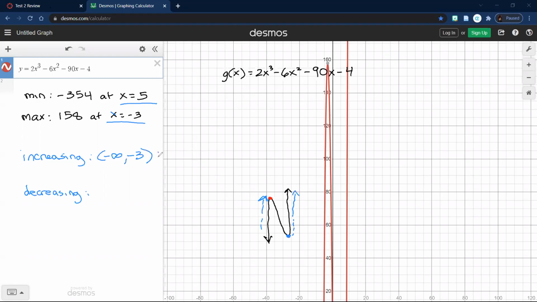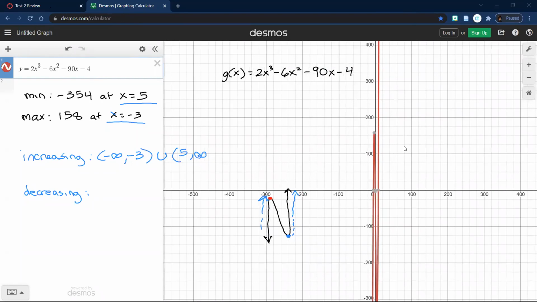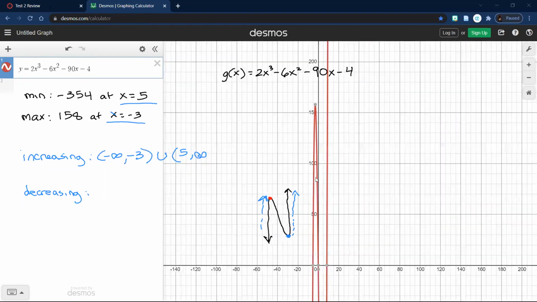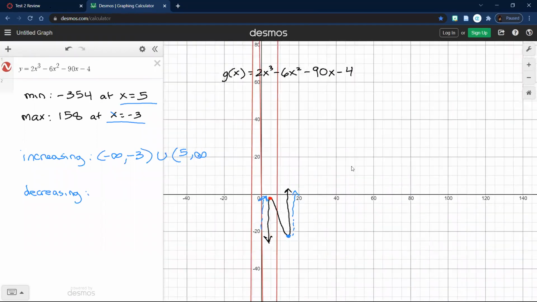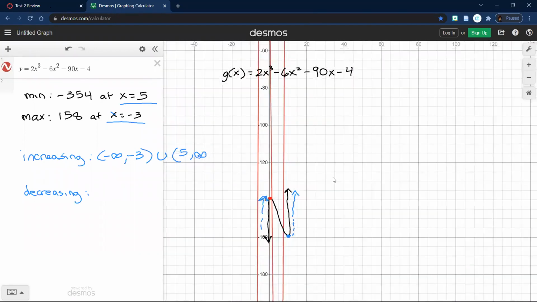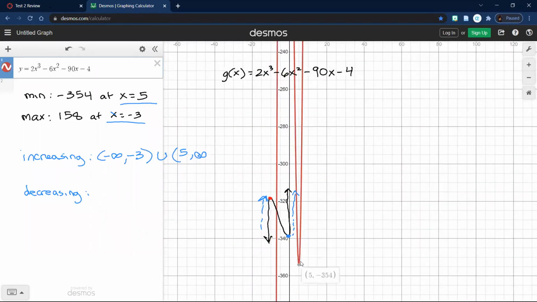So we have to union that. It starts at 5 and goes to infinity. If you zoom out of this graph, you'll see it just keeps going forever.